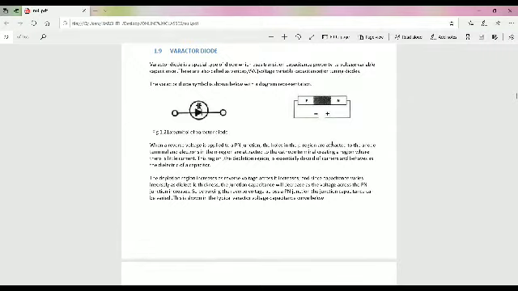Suppose a reverse voltage is applied to the PN junction: P is connected to the negative terminal and N is connected to the positive terminal.